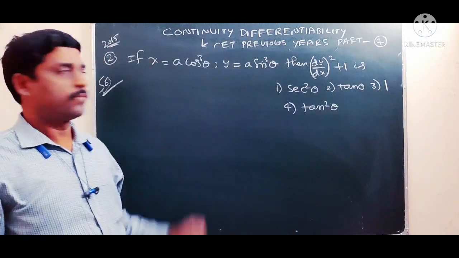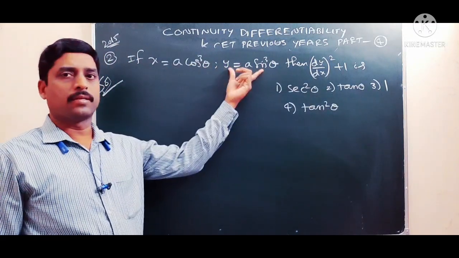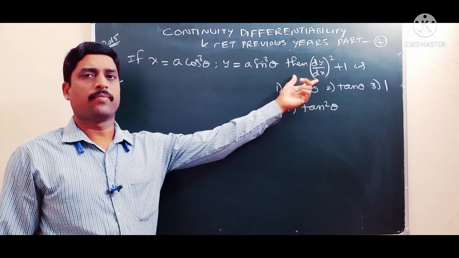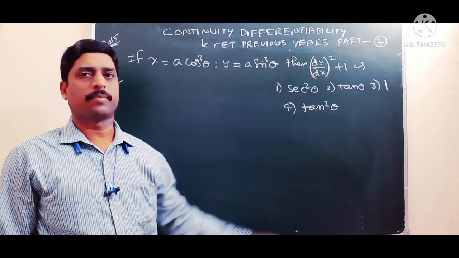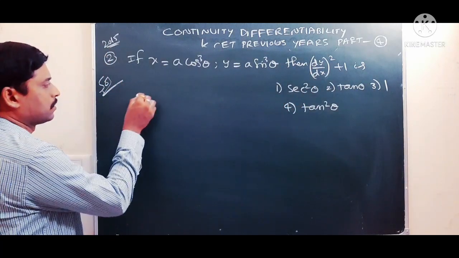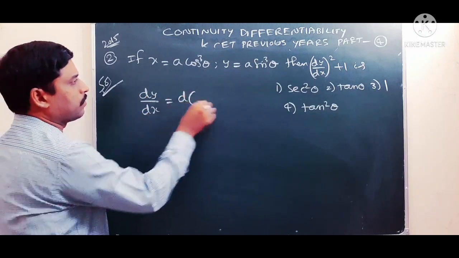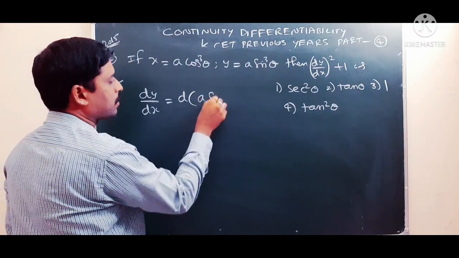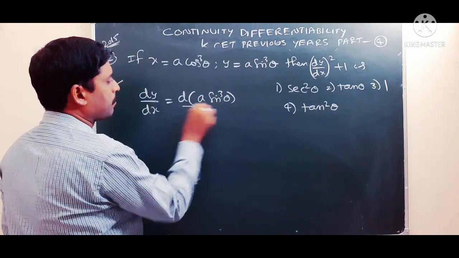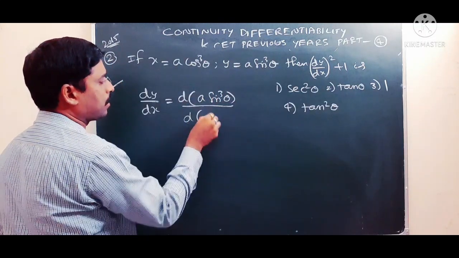This is from 2015. So x and y values are given. Then we have to find dy by dx whole square plus 1. First, we have to find dy by dx. So the derivative of what is the y function given? A sin cube theta, divided by the derivative of x value a cos cube theta.